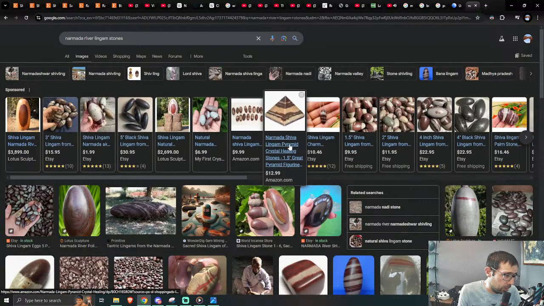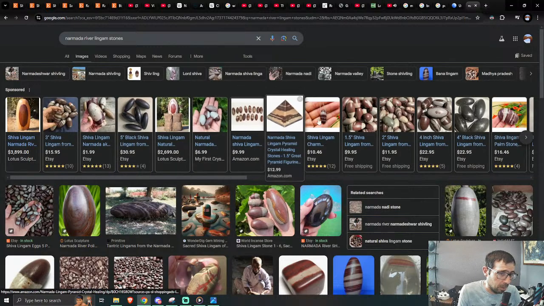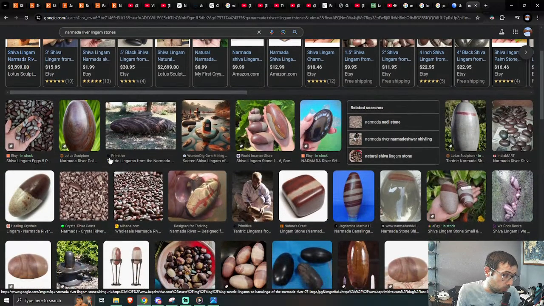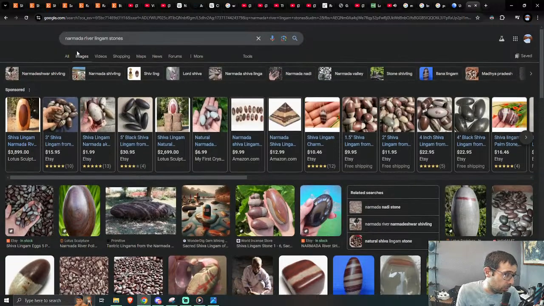Many of them probably are someone doing this to some base stone from the river that didn't have the shape quite well enough, so people wanted to make it more precious. So I'm sure many are not actually naturally that way, but apparently they do naturally form in these lingam shapes in the river, and it's only in this river.